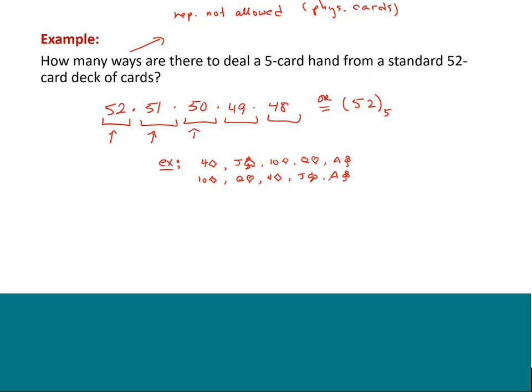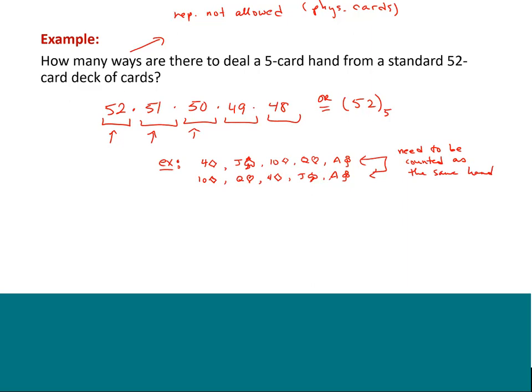So the falling factorial would count these two as different, but based on what we just said, should those two collections of 5 cards actually be counted as different hands? They need to be counted as the same hand, which means we've overcounted.